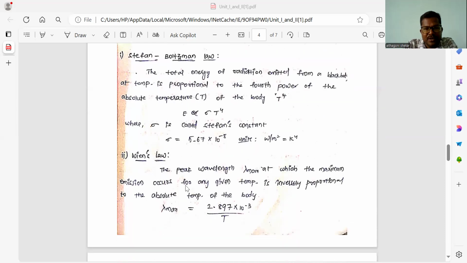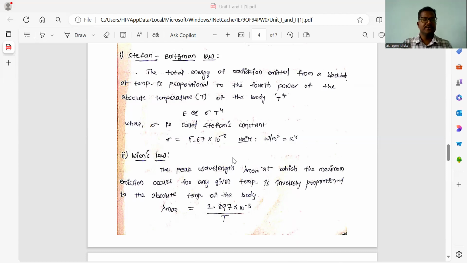Wien's law. The peak wavelength, lambda max. Now we discuss Wien's law. The scientist Wien gave another statement, that is Wien's law. The peak wavelength lambda max, the point at which the maximum emission occurs for any given temperature, is inversely proportional to the absolute temperature of the body.